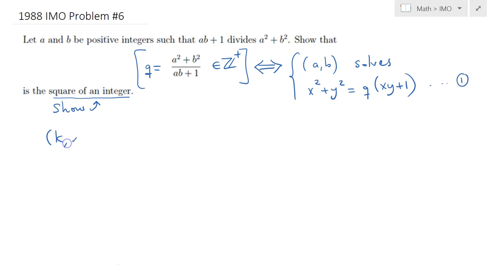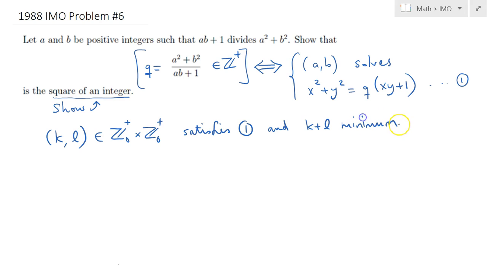Consider this pair KL, in Z plus including 0 times Z plus including 0. KL is a non-negative pair which satisfies equation 1, but moreover, it is also minimal in the sense that K plus L is minimum.